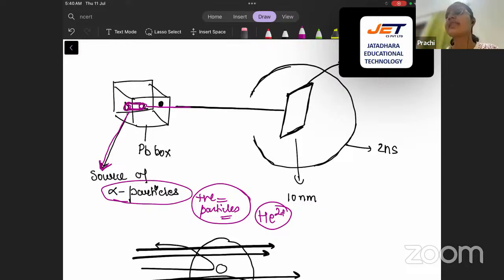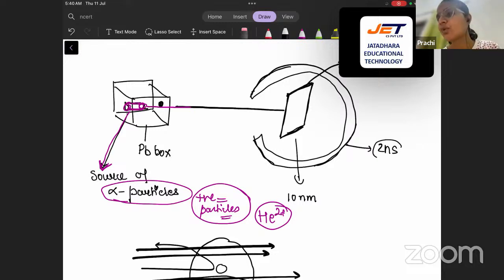They put a detector here, and they coated it with ZnS. So whenever any alpha particle comes, it will hit here, and we will see some light, a fluorescence kind of thing, right?